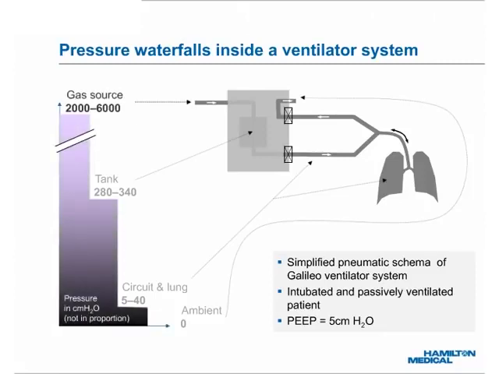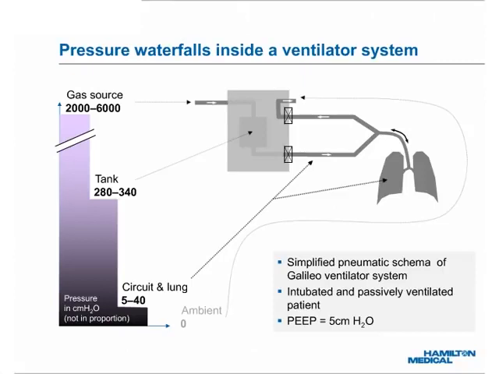1. The gas supply pressure is between 2,000 and 6,000 centimeter of water. 2. The tank pressure is between 280 and 340 centimeter of water. 3. The circuit pressure, equivalent to airway opening pressure, is between 5 and 40 centimeter of water. 4.